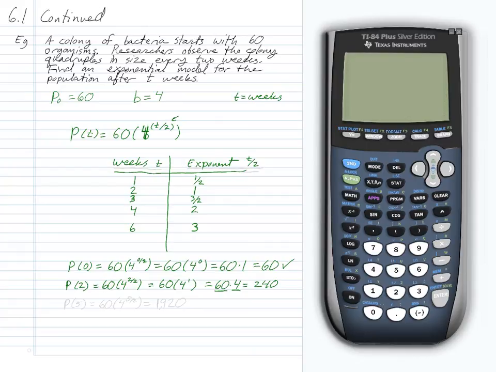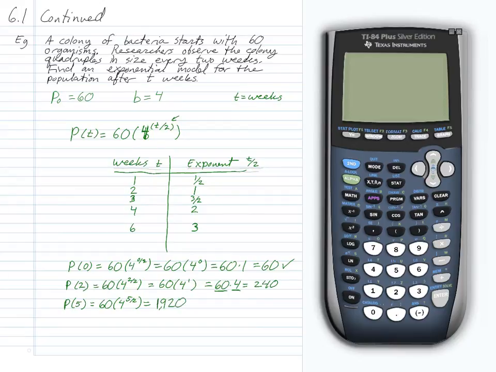So it looks like we're in good shape, which means we could use this function to figure out how many bacteria there are after 5 weeks. That would be 60 times 4 to the 5 halves. That's something I would probably go ahead and plug into the calculator. So let's see what that works out to. If I type in 60, and I multiply that by 4 raised to the 5 halves, I get 1920.